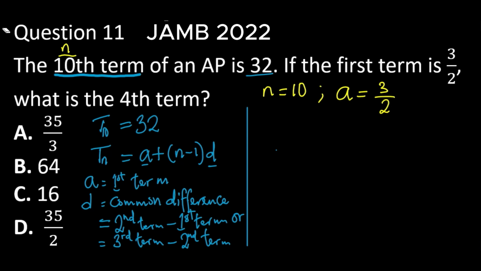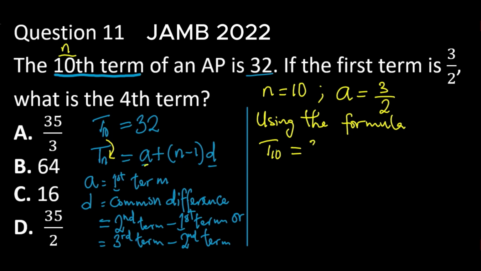You have the 10th term, using the formula, to be equals to A, which is 3 over 2, plus, open the bracket, the n there is equals to 10, minus 1, multiplied by D, which is the common difference.